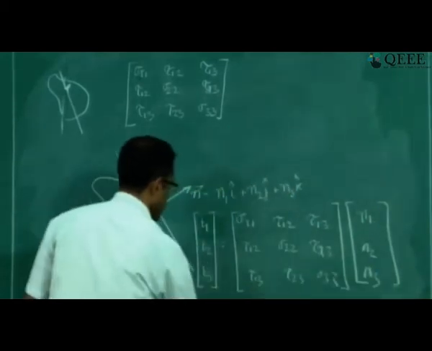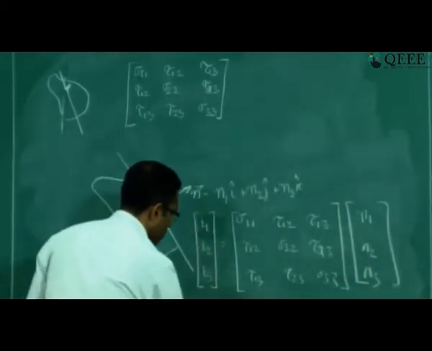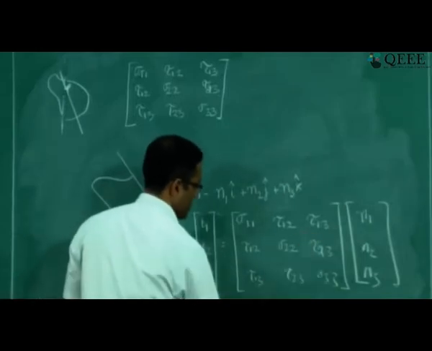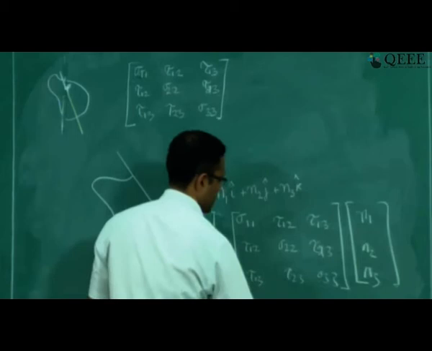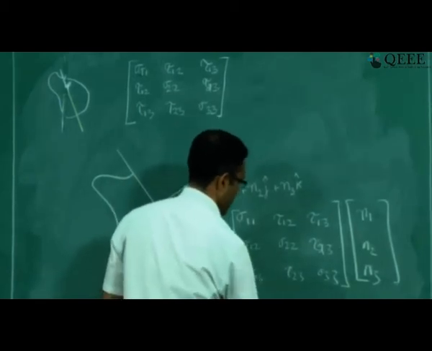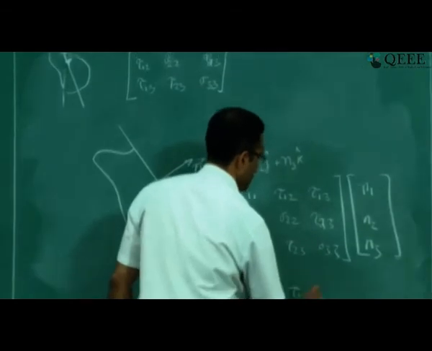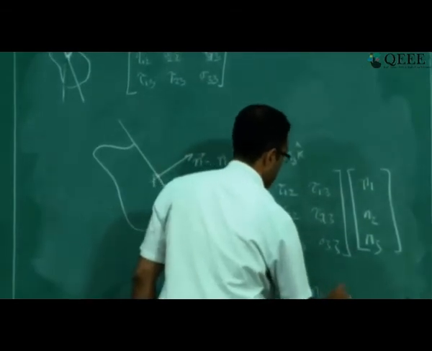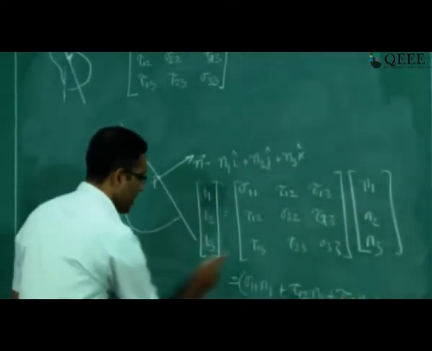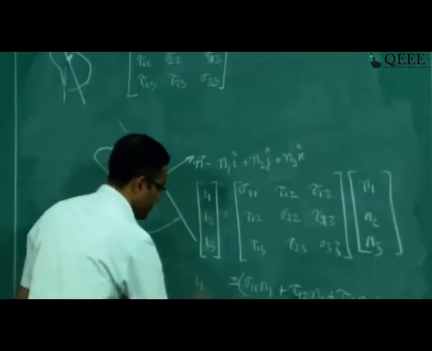what you are going to get is T1 will be equal to sigma 11 times n1 plus tau 12 times n2 plus tau 13 times n3, and this will be T1 and it is pointing in the i direction.